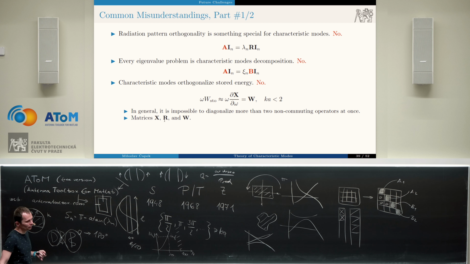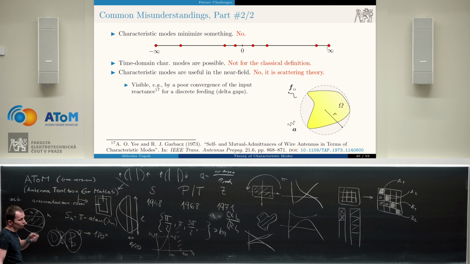If you say that this quotient should be 0, I can do it by a proper combination of just 2 modes, 1 mode from this region and 1 mode from this region. If you would like to have A equal to minus infinity, I have infinitely many modes sitting at this accumulation point, and I can pick any of these modes, and it will definitely give me A equal to minus infinity. So characteristic modes are not minimizing anything.